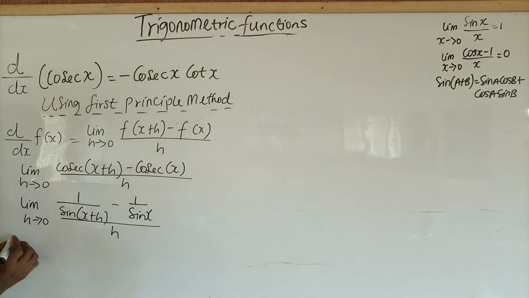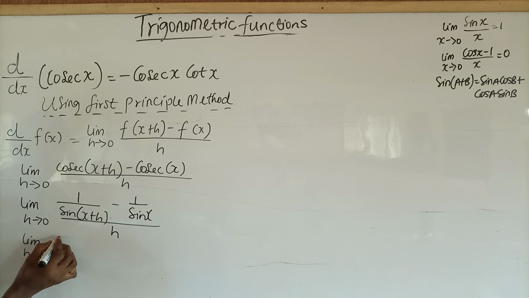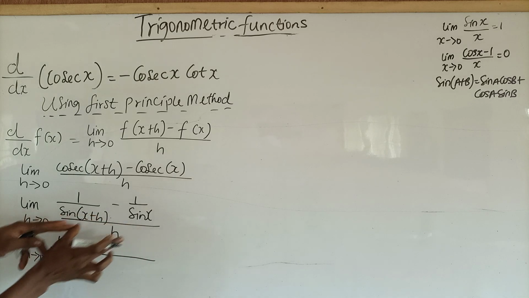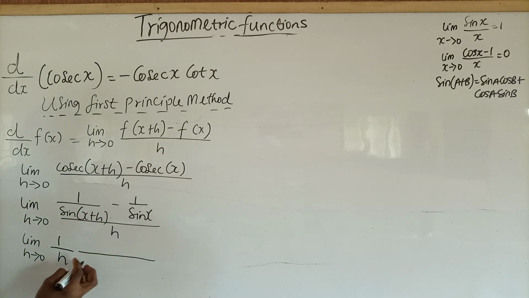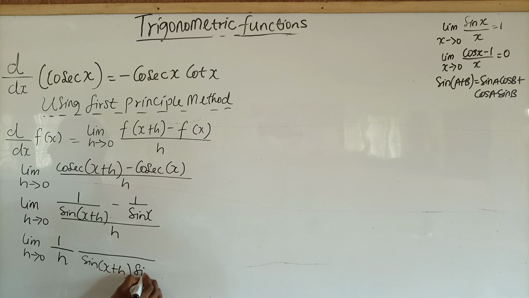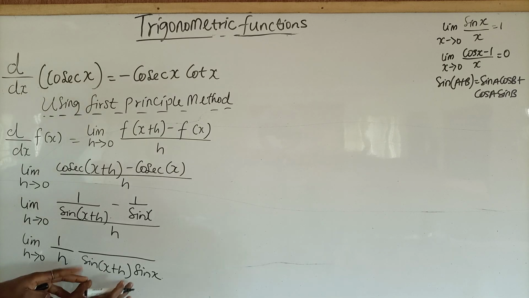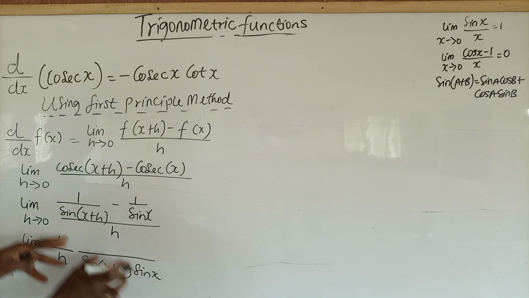When you have a fraction within a fraction, you have 1 over h all over the LCM of the first two fractions. The LCM is sine of x plus h times sine x.